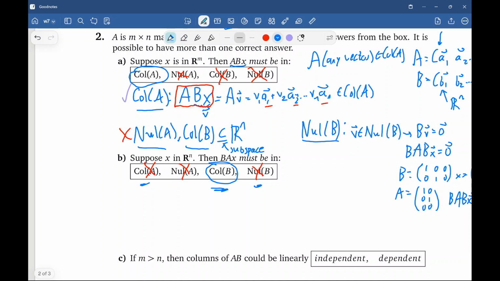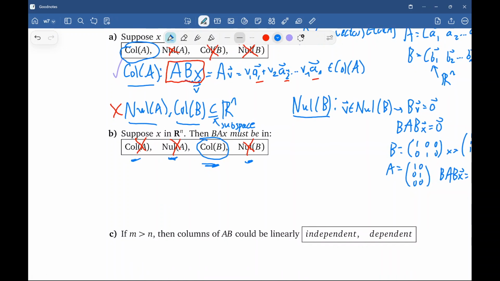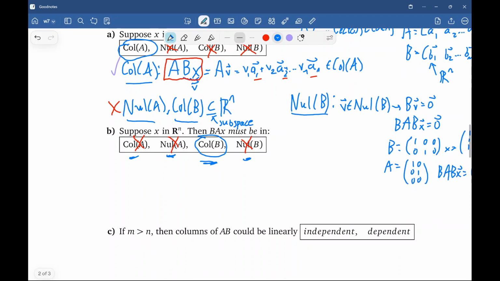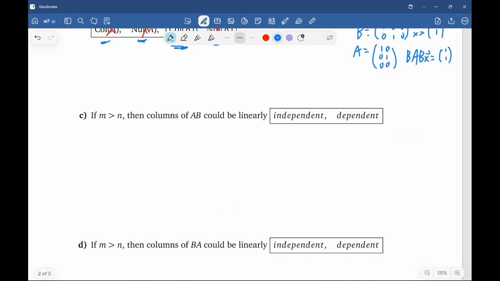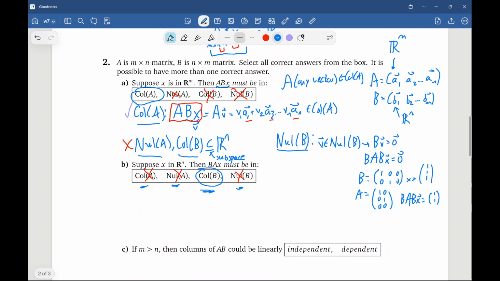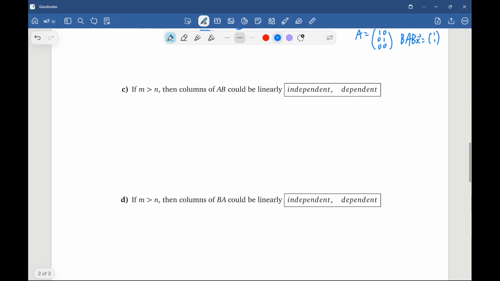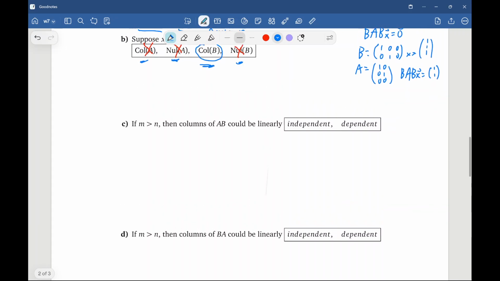These two won't work because they're a subspace of the wrong space again. And this one won't work because it could sometimes be true, but it's not always true. So this will work out exactly the same. This might be good to remember in case it comes up on true false in the future, but here are your justifications. Okay, and now this is the trickiest part, C and D.